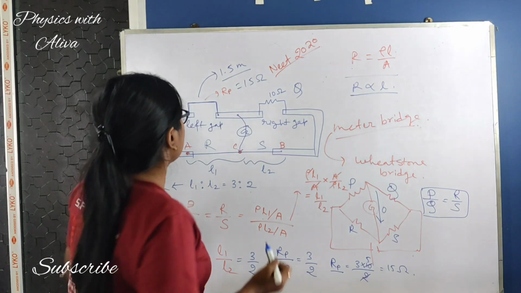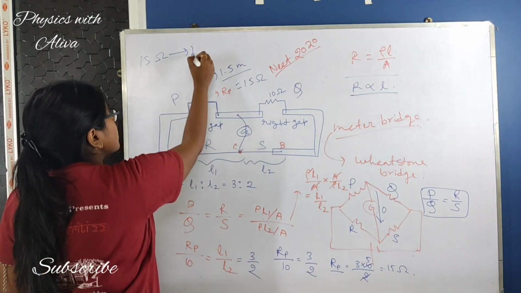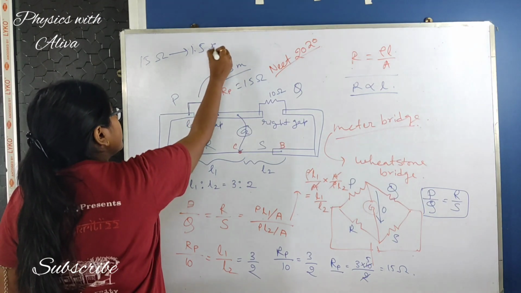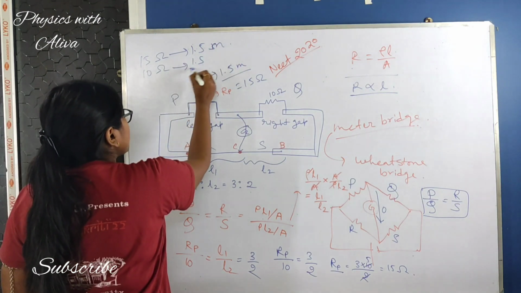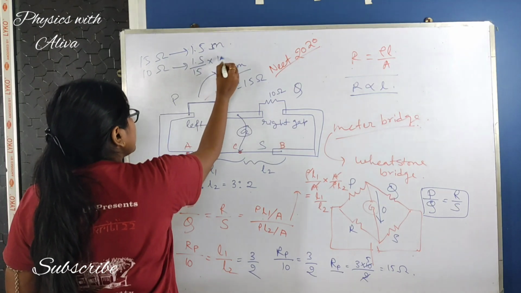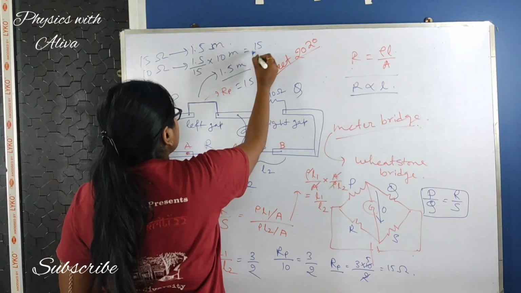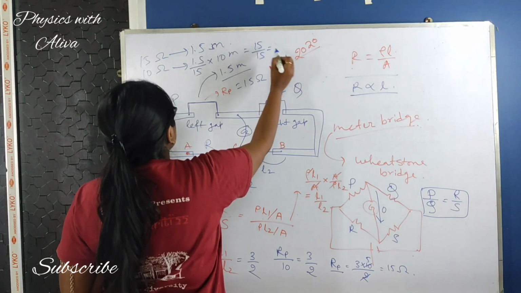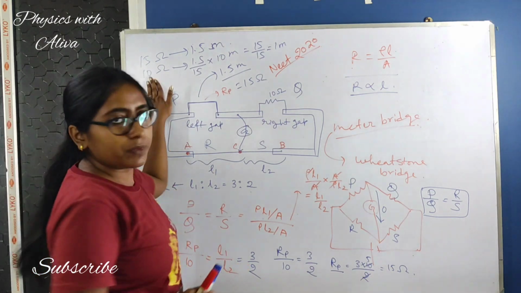So from here we can write for 15 ohm resistance, the length of the resistance wire is 1.5 meter. So for 10 ohm resistance, the length will be 1.5 divided by 15 into 10. So from here we will get 15 by 15, that is 1 meter. Sorry, it was asked for 1 ohm resistance.